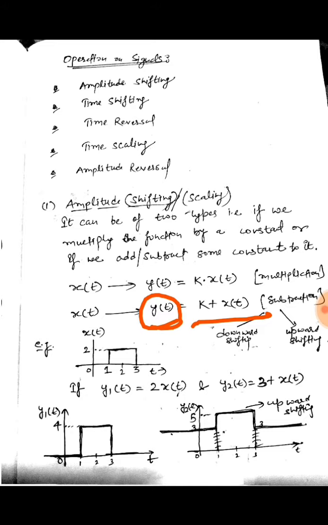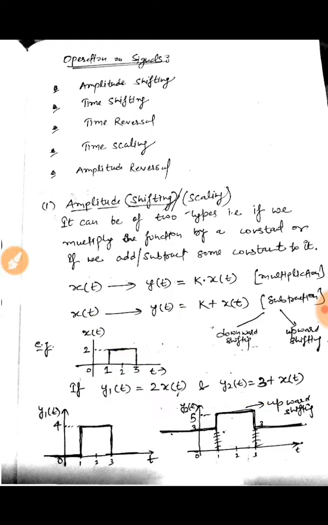Here in this example we have xt, which is defined for the time range 1 to 3, and the amplitude is 2. It is a rectangular pulse which is defined for t greater than 1 and less than 3, having an amplitude of 2. So if I draw y1t, which is equal to 2 of xt, and y2t, which is equal to 3 plus xt.